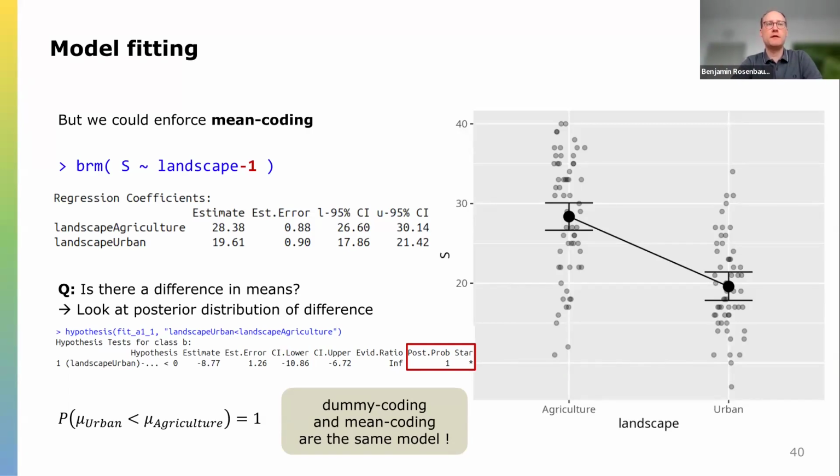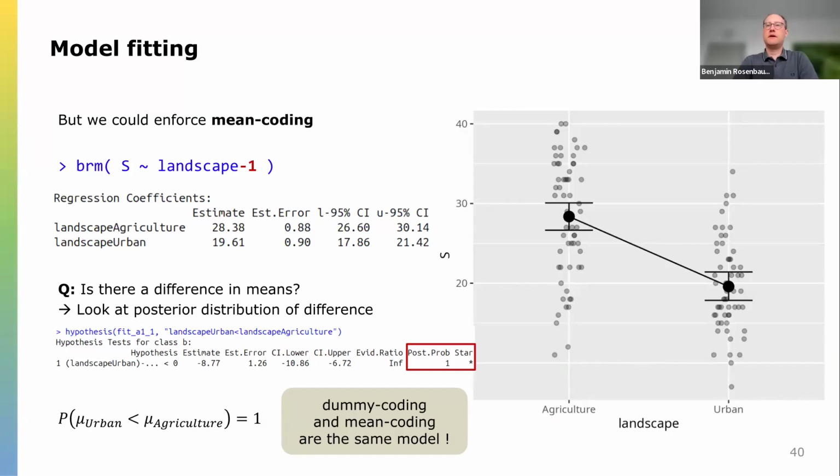So here, if you want to compare the means, you have to explicitly write this in the hypothesis function to look at the differences. And remember, what we are not doing is looking at the mean estimate of the first and the mean estimate of the second and calculating the difference. Here it's working out because it's all linear, but in general, it is not.